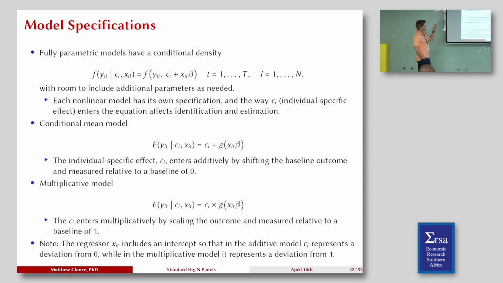So each nonlinear model is going to have its own specification. We're making an assumption. Remember, Probit, normal. Logit, logistic. Okay? When you're thinking about quantile models, we're agnostic about the distribution. When we're thinking about Poisson, we're assuming a Poisson distribution.